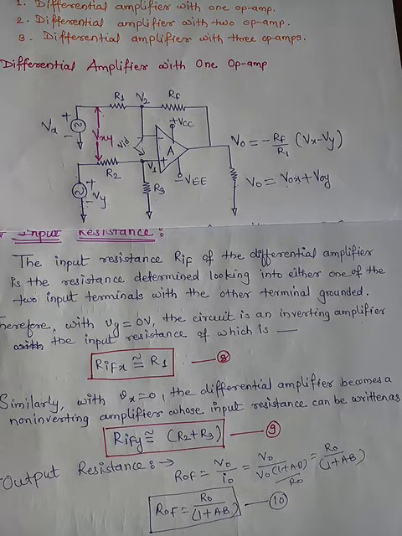Differential amplifier will be used in a number of applications, like we can use it for instrumentation amplifiers, for industrial applications where there is a need to find out the difference between two signal sources, to compare the two input signal sources. In such applications we use the differential amplifier because it will provide better stability and better results when we compare the two input signal sources.